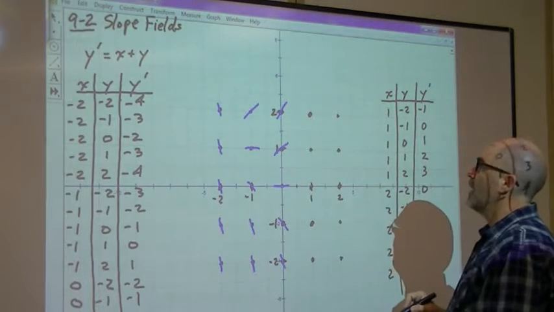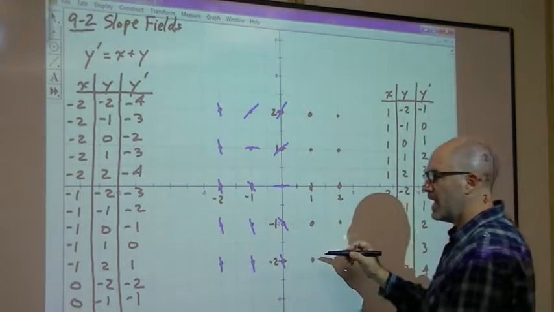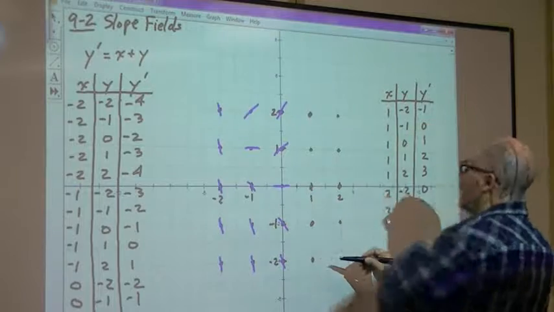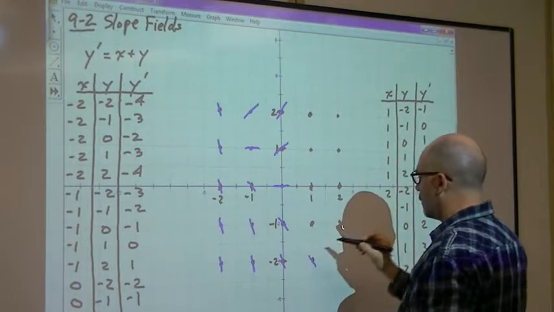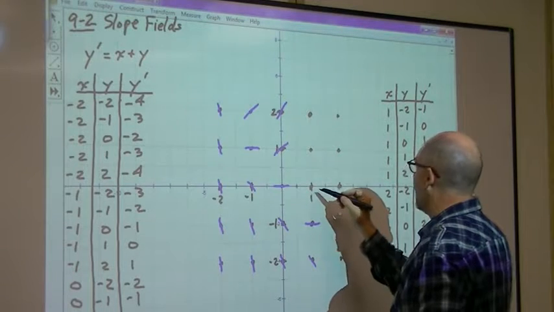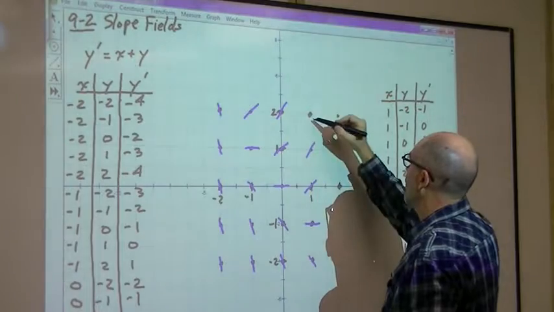Okay, now we go to 1, -2. There's our 1, -2. It's a slope of -1. Then 1, -1 is a slope of 0. Then a slope of 1, and then 2, and then 3.